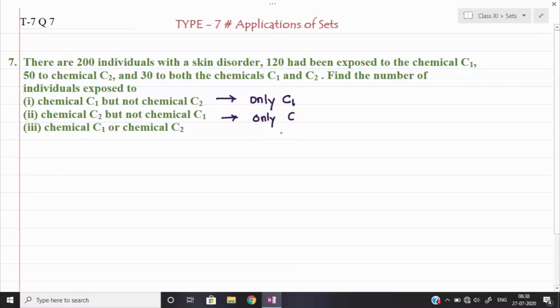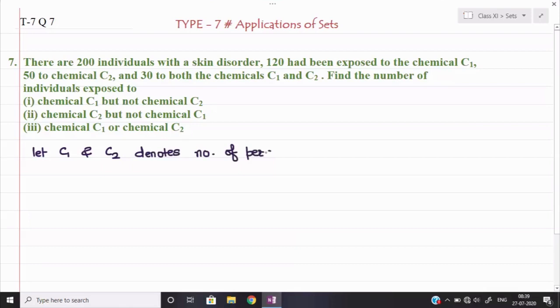First we suppose some things to define our symbols. In the solution, let C1 and C2 denote the number of persons affected by chemical C1 and C2 respectively.